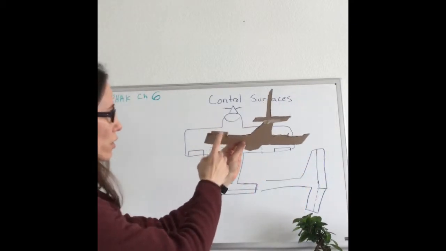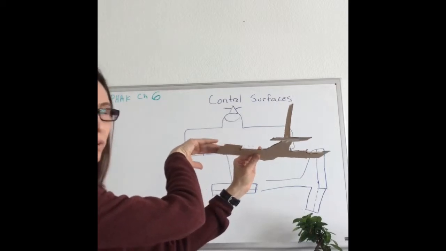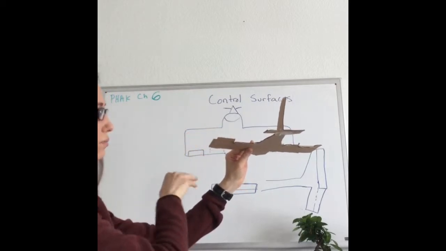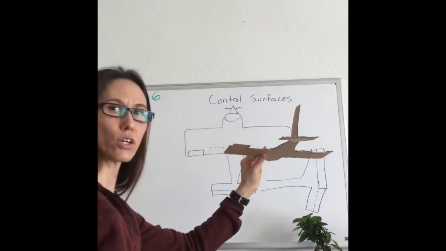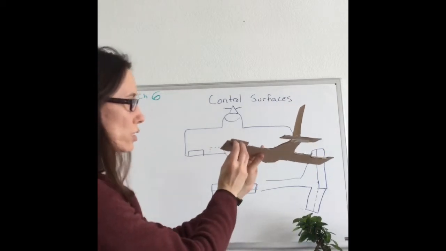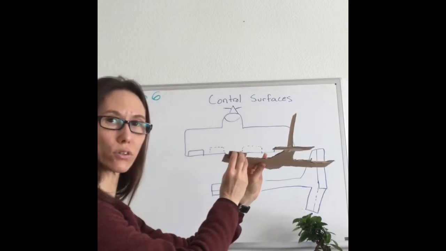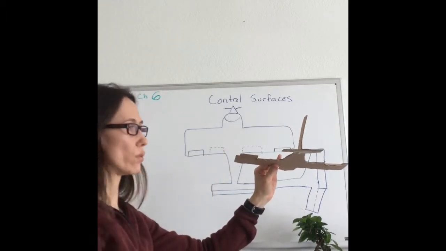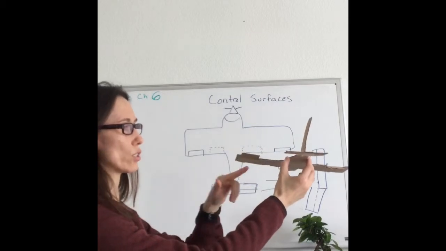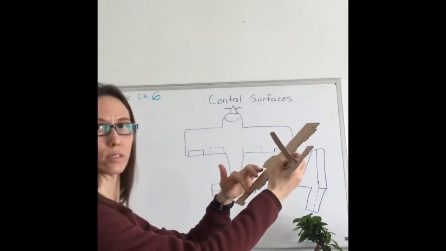What's going on underneath? The air comes up, hits it, high pressure system. Air comes down here, you have this little opening here. You're now going to have a low pressure system underneath this aileron and a high pressure system on top of that aileron. Well, what's going to happen with that high pressure and this low pressure? It's going to do this.